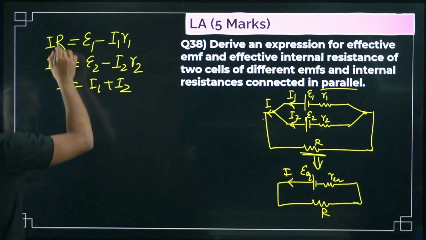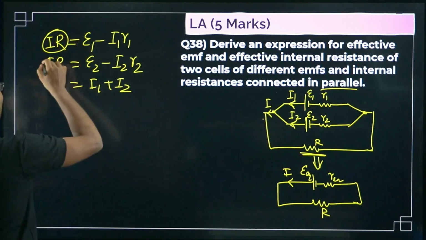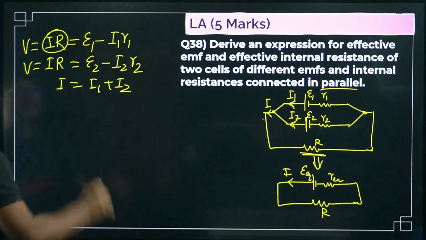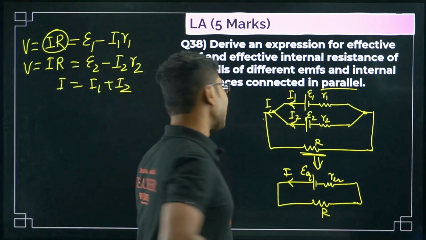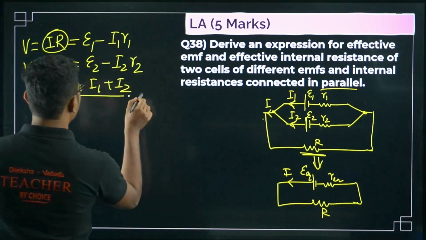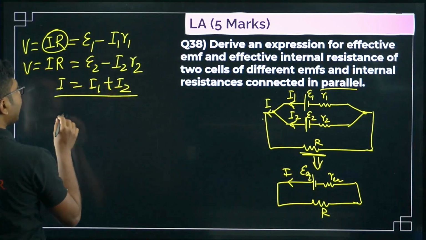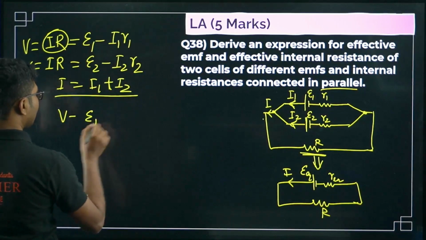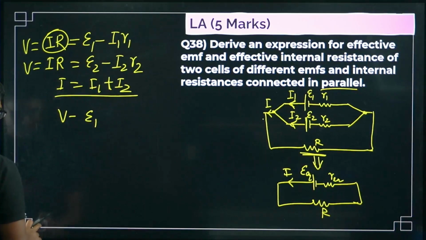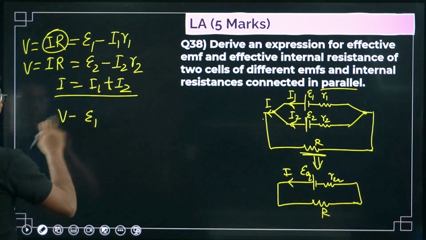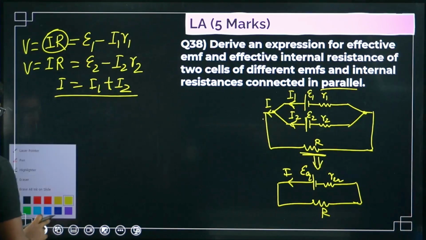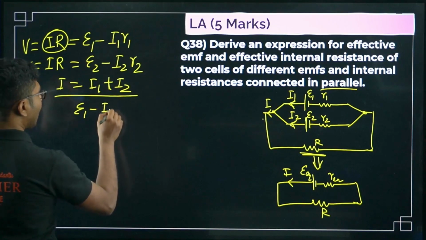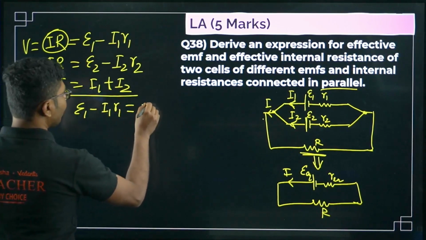Okay, so we will replace this IR with V for now, because this IR is not super important at this moment. I will show it once, then I will erase it. So epsilon 1 minus I1 R1 equals V, right?